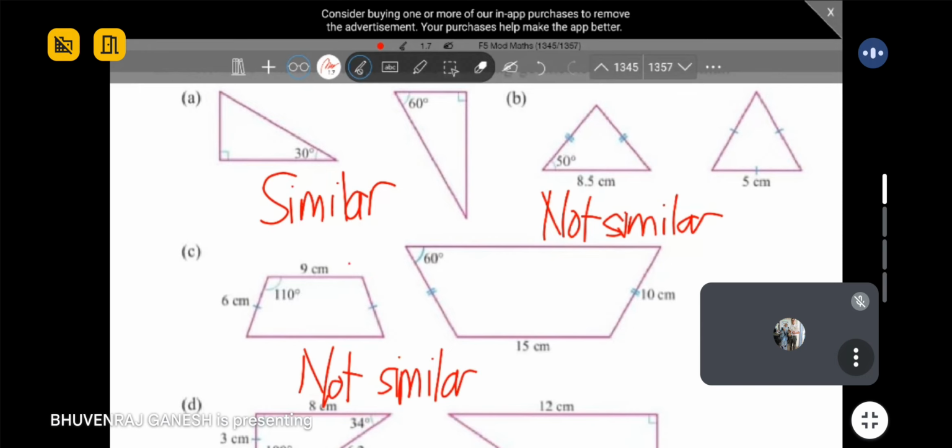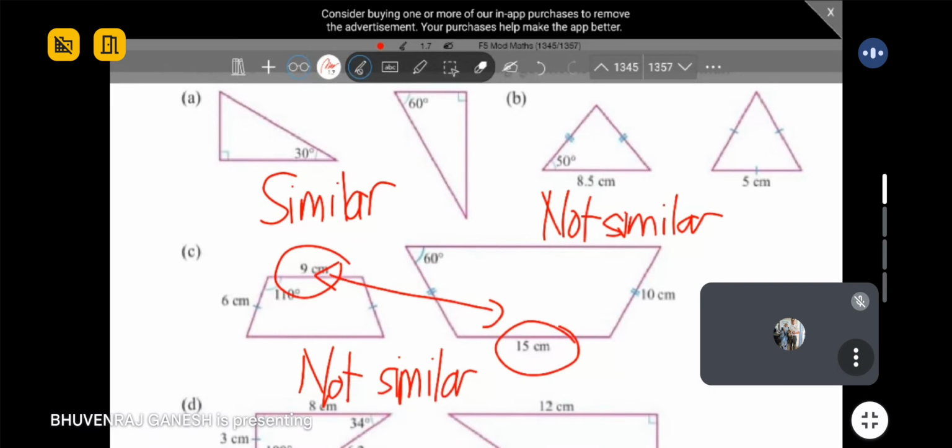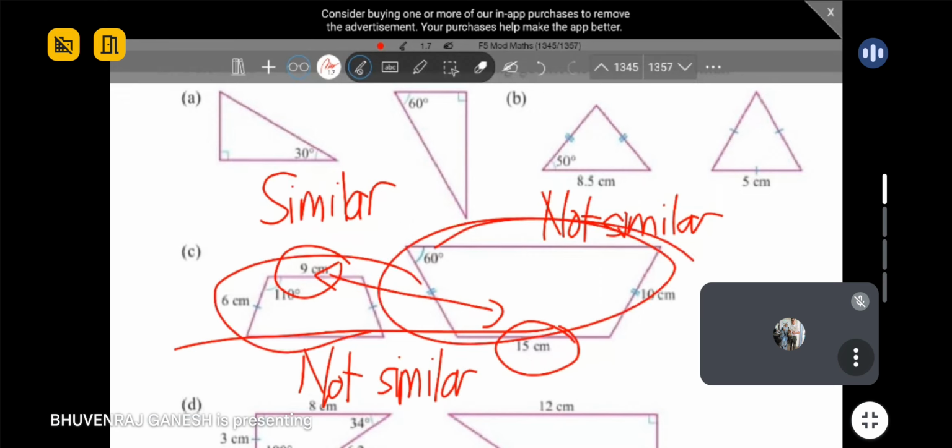See carefully ya. 9 compare with 15. 9 kamu bandingkan dengan 15. Can you all imagine these two are the same side? Boleh tak kamu bayangkan kedua-dua sisi ni sepadan? Yes or no? Try to respond. You must flip. Kamu kena pantulkan objek ni. Bila pantulkan, kamu akan dapat yang ni. Can imagine guys? Boleh bayangkan?